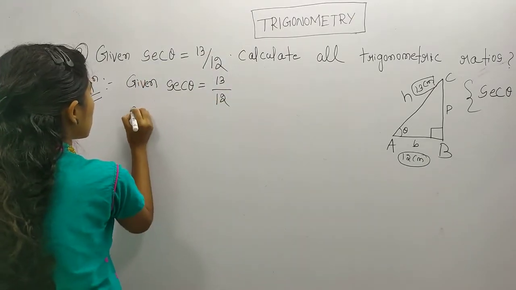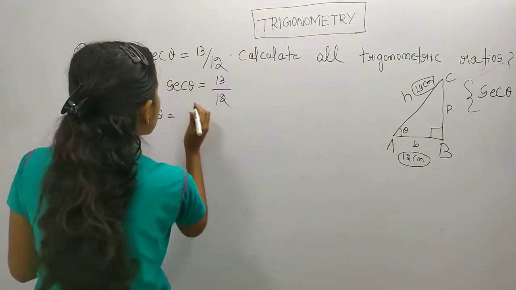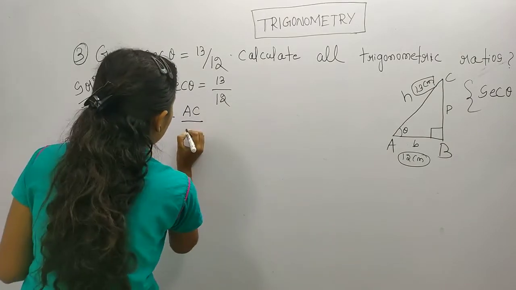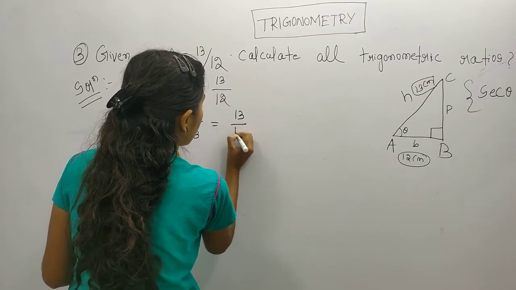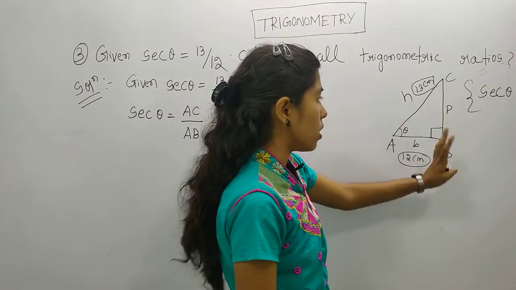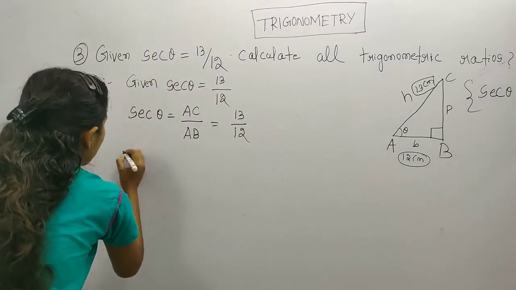First write sec theta equals hypotenuse, meaning AC, by base, meaning AB, equals 13 by 12. Now first we have to complete the triangle. Perpendicular part is missing. So what is our formula?